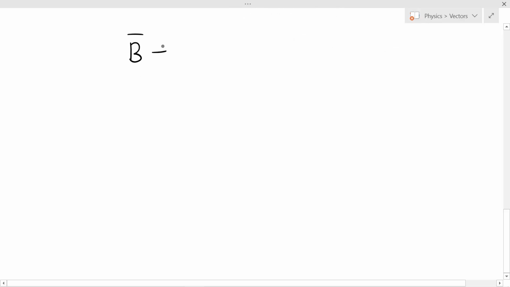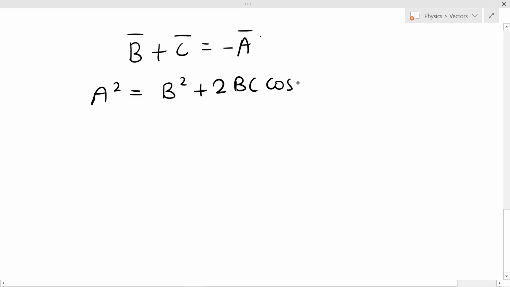Again using the parallelogram law of vector addition, this becomes a square is equal to b square plus 2bc cos theta triple dash plus c square, where theta triple dash is the angle between the vectors b bar and c bar.